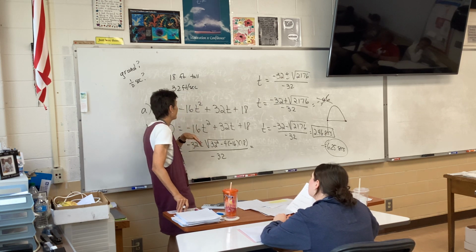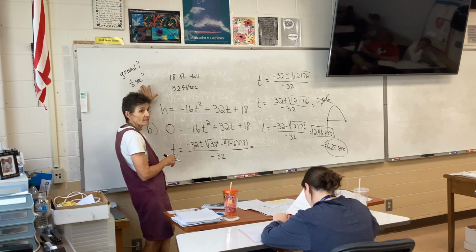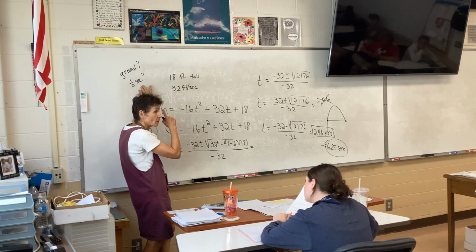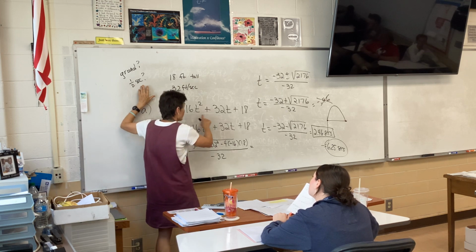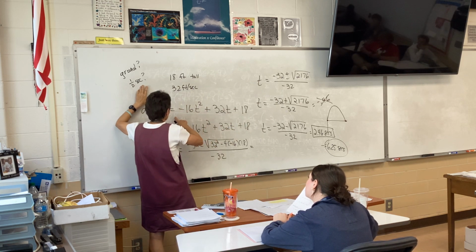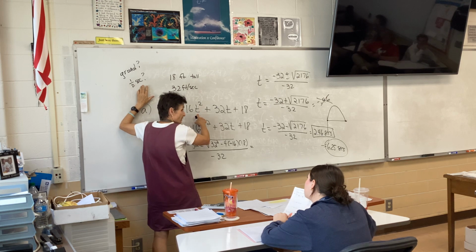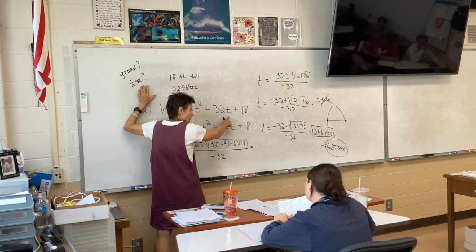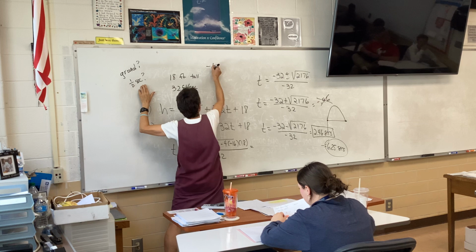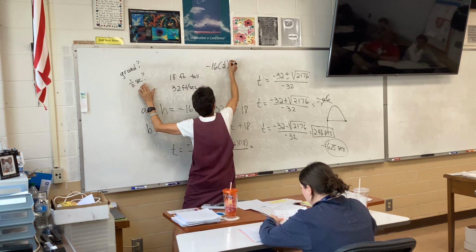Oh, wait, I knew the second part. Second part was how high is the ball? That I was confused about. Okay, let's talk about how do we do the second part now. Put 1/2. We go back to our equation and we put 1/2 here and here, right? And then we don't have to do anything except type it in.